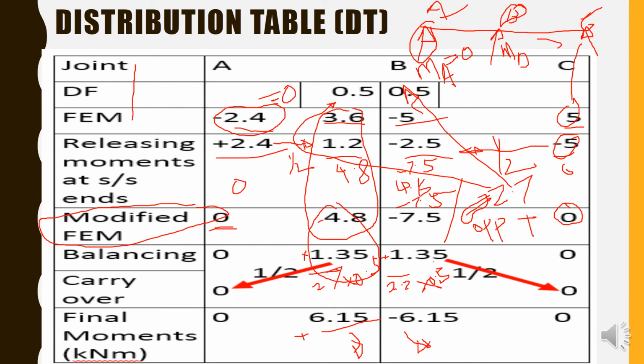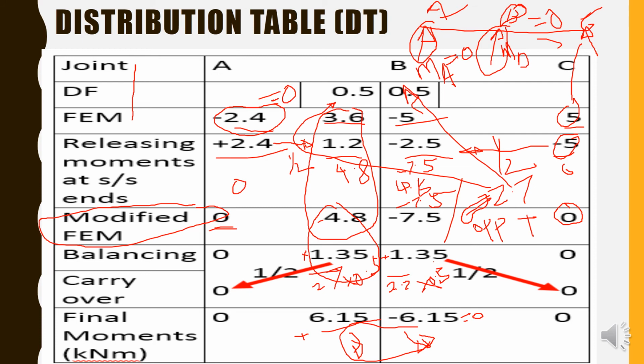If we add plus 6.15 and minus 6.15, we get 0. This is the computation of the final moment by the moment distribution method. The intermediate support, even though simply supported, is equated to 0, since 6.15 minus 6.15 is 0. This is how the distribution table needs to be calculated.